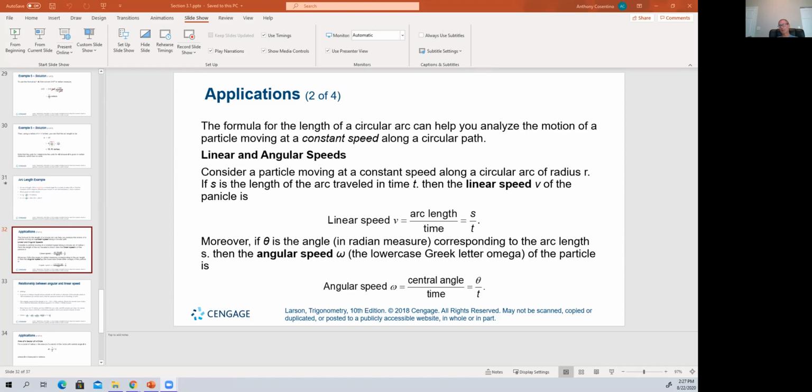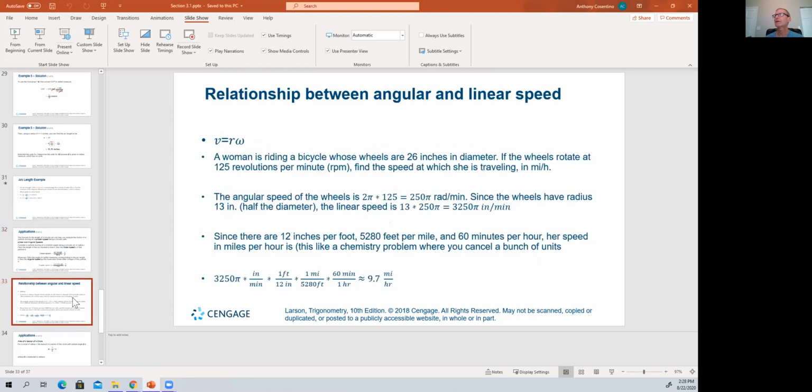So angular speed is a little strange in the sense that the units are radians over time. And so we're going to show some relationships with regards to that. And here in this next slide is probably the most important relationship with regards to this.